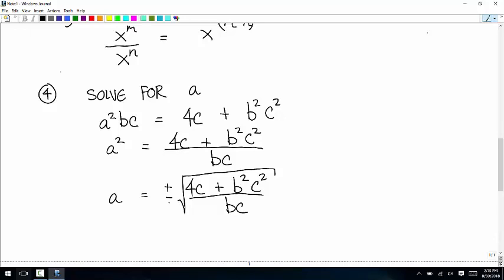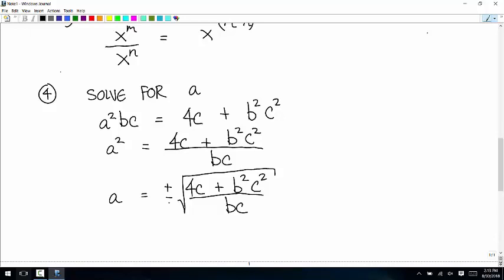Like think for example, what if a is equal to 2? Okay. If a is equal to 2, then you square it and all this is equal to 4, right? But now what if a was equal to negative 2?